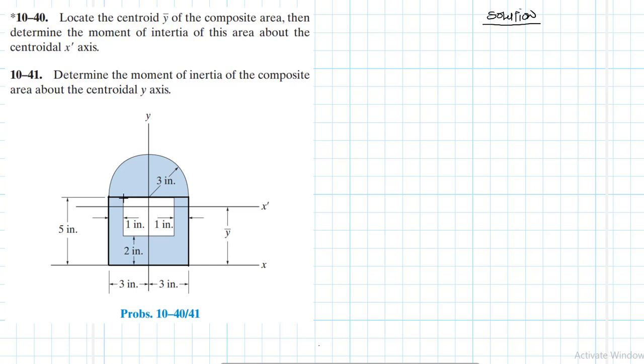Then I have another rectangle, a smaller one, which is a hole, this one in red. And then I have this semicircle there, the one that I'm outlining in green.